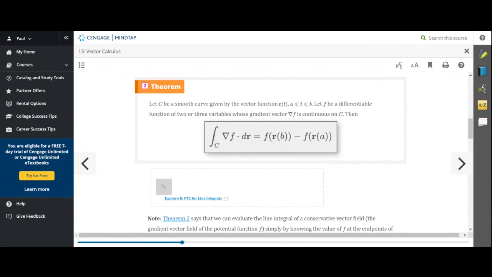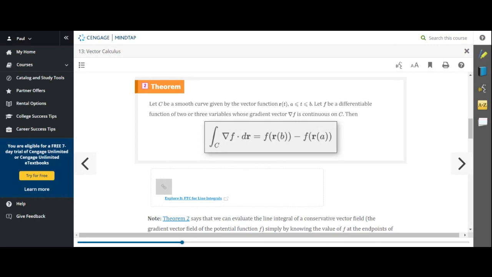What this says is that the work that a gradient vector field does in moving a particle from one point to another point in that gradient field can be computed simply by evaluating the function at the beginning and end points and taking the difference. The particle starts at the position r of a, and ends at the position r of b.